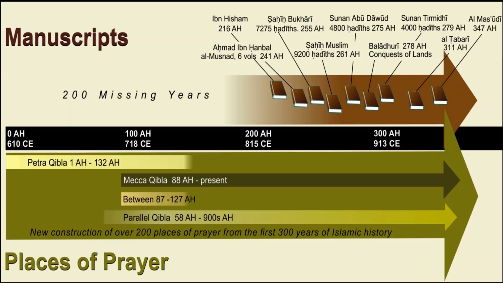Of course, when you look at the bottom half of that chart, one of the surprising things that you'll see is that the Petra Qibla was in existence from the outset of Islam up until about 132, which is a good stretch of time, and you found a few mosques afterward which also had that Qibla. Yeah, some of them are very interesting. If you want to really get into this and look at the mosques, you need to use the database.